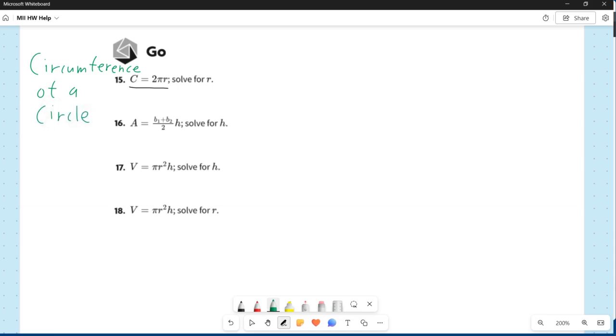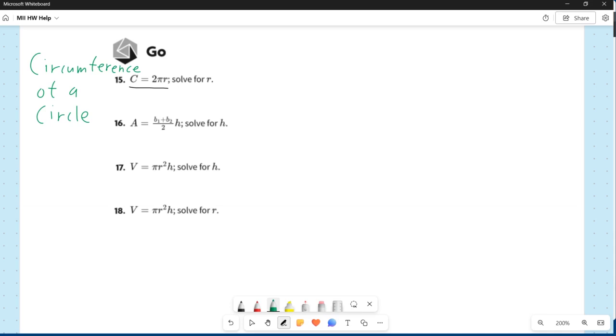So this is the formula for the circumference of a circle, 2 pi r. 2 is a constant, pi is a constant, approximately 3.14, and r in this case stands for the radius of the circle. If you want the circumference, which is the distance around the circle, you can find that by doing 2 times pi times the radius of the circle.